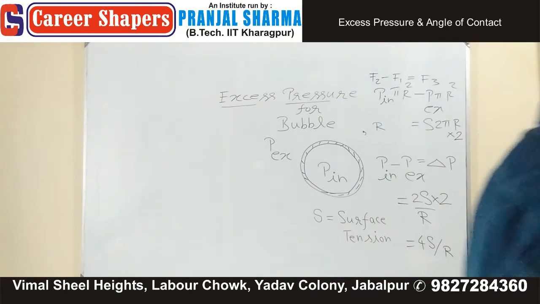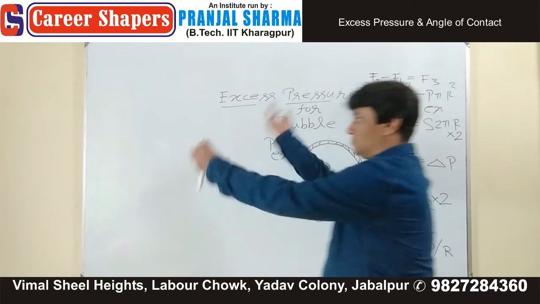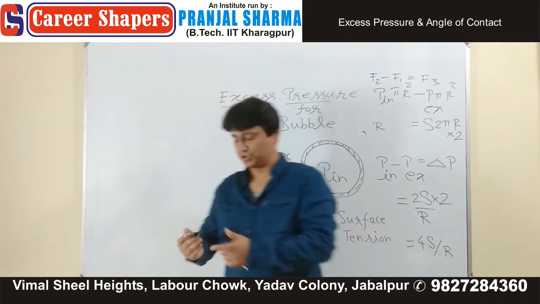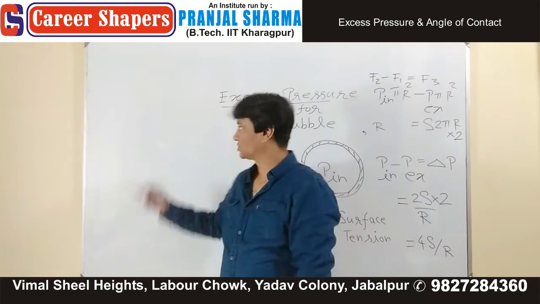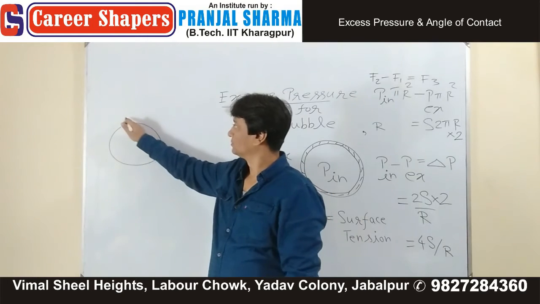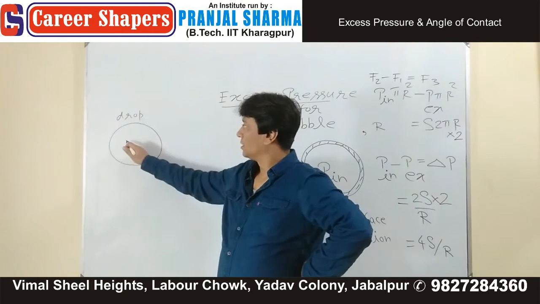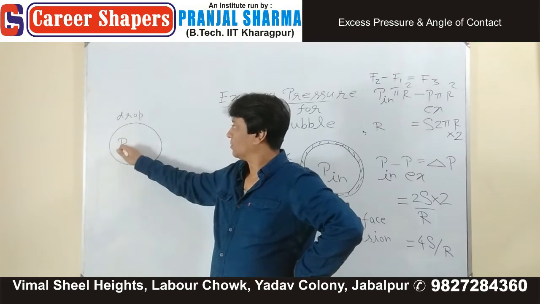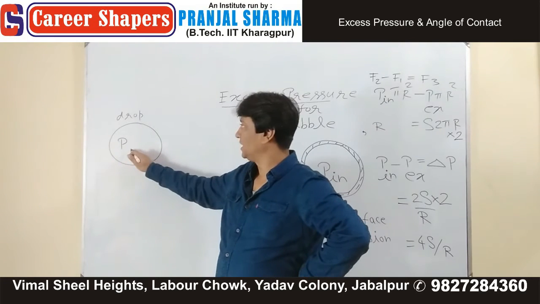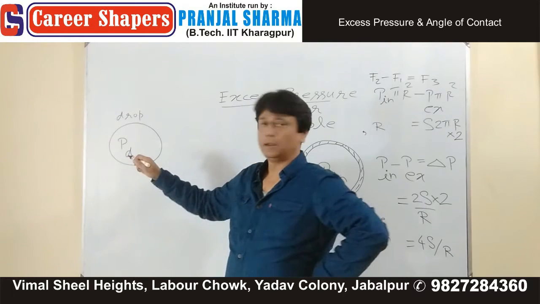What is the answer? You can expect these types of short answer questions. Look, what I'm asking you is this. This is the drop. Pressure inside the drop is PD, D for drop.